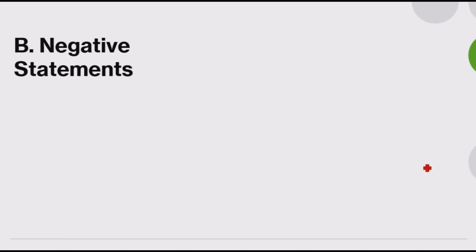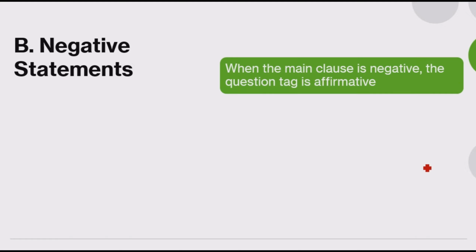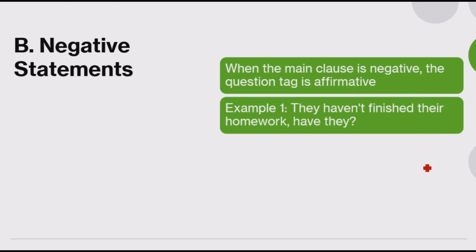The second case, when we are dealing with negative statements. So in this case, we use the positive short phrase, which is the positive question tag. For example, they haven't finished their homework. So they haven't, this is a negative statement because we know that they have not finished their homework.